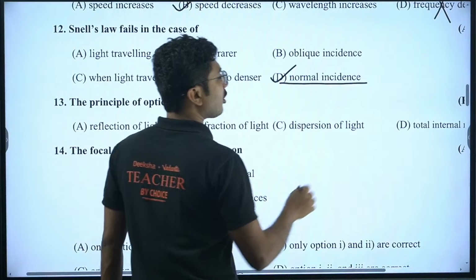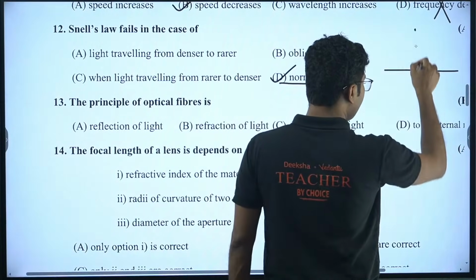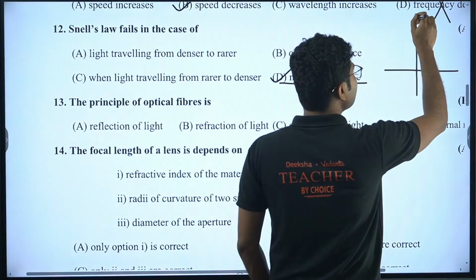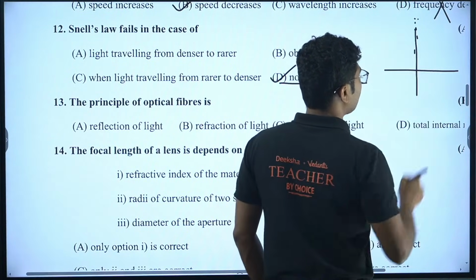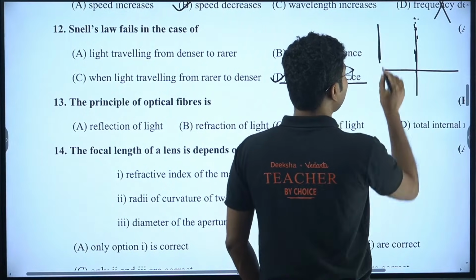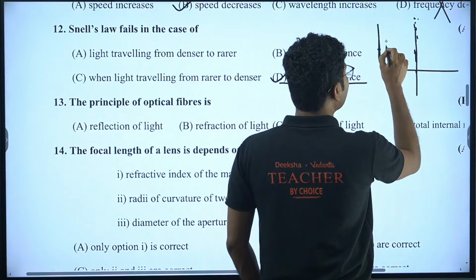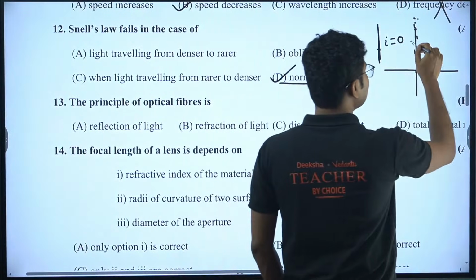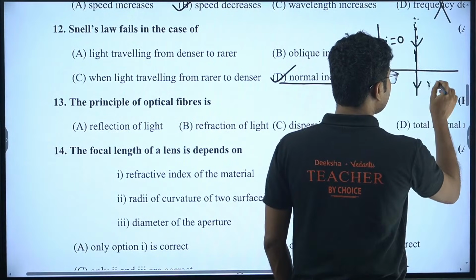What is the meaning of normal incidence? When light ray is falling normally. So in that case, what is the angle of incidence? Angle of incidence is measured with respect to the normal. So normal is also along this line. So two lines are along the same line. What is the angle between them? Angle must be equal to 0. If I is 0, then light is traveling in this direction. R is also 0.